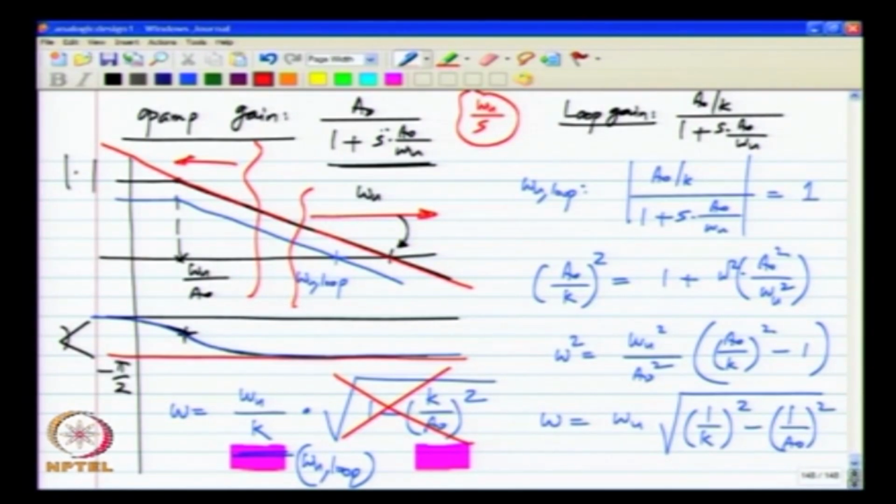So, this means that it is a very useful approximation for stability calculations to still assume an ideal integrator, even if we have a finite DC gain, as long as the DC loop gain is large, and the DC loop gain will be large in any decent negative feedback system that you design. Otherwise, even at DC you will have a large steady state error.